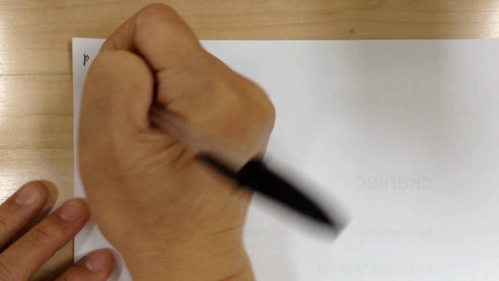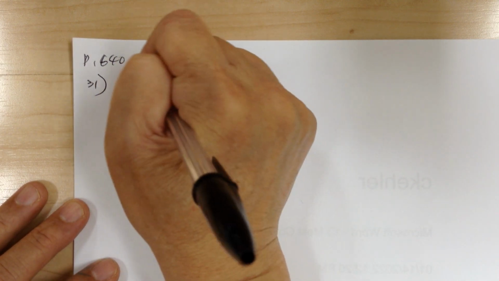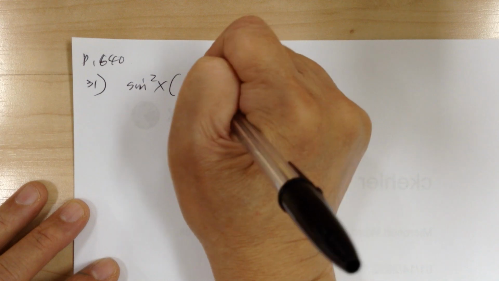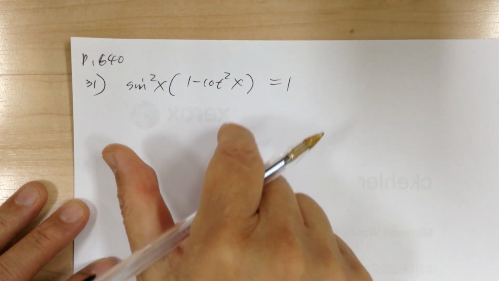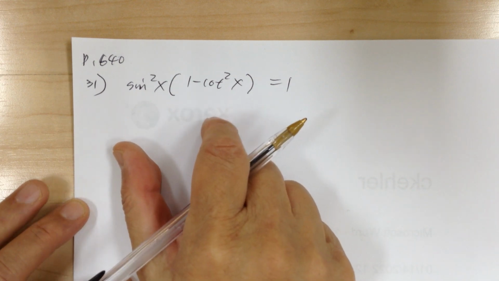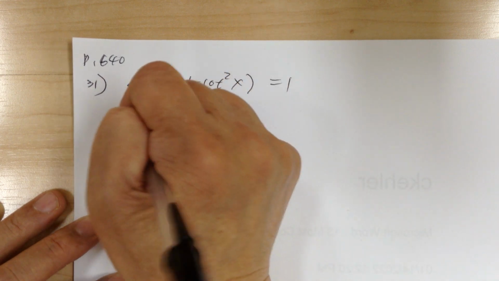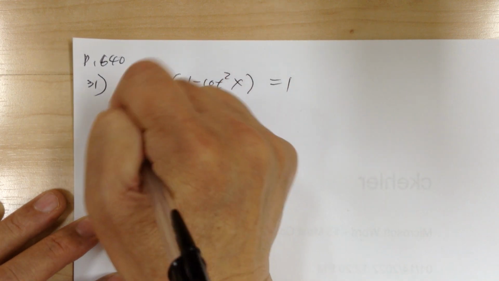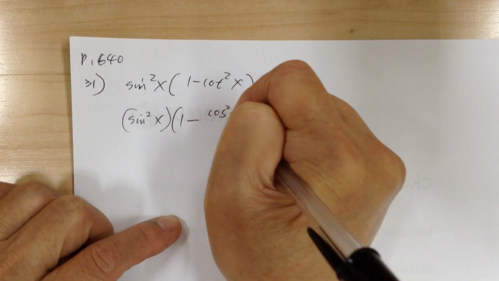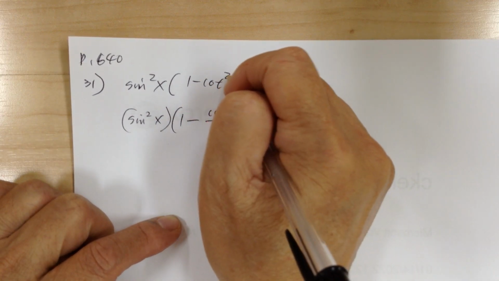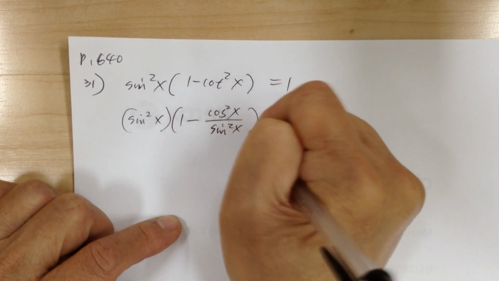Okay, number 31, you want to prove each identity. So you've got sine square x times 1 plus cotangent square x equal to 1. Again, you want to simplify the side that's more complicated. First, if you're not sure what to do, convert everything to sine and cosine. So cotangent square equals cosine square over sine square.